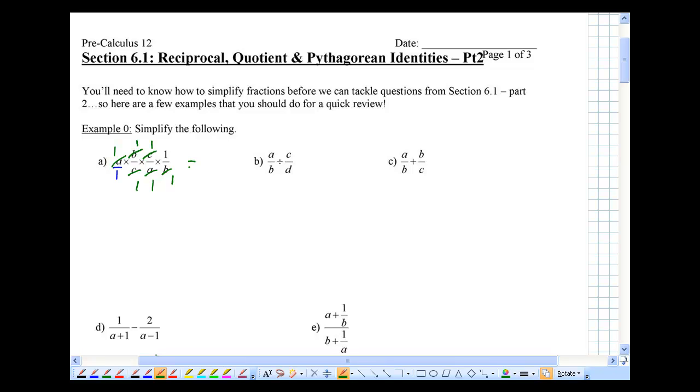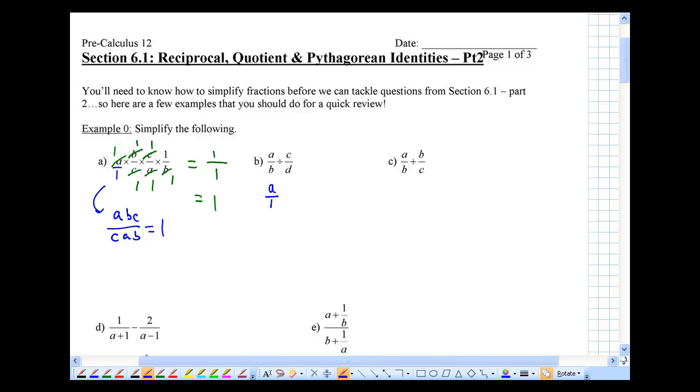This equals 1 times 1 times 1 over 1 times 1 times 1, which is just 1. If you didn't divide out first, you could multiply all the numerators together and all the denominators together, but that still equals 1.